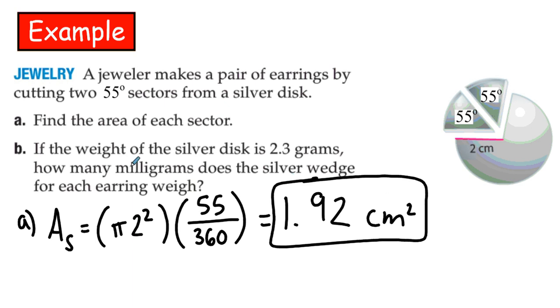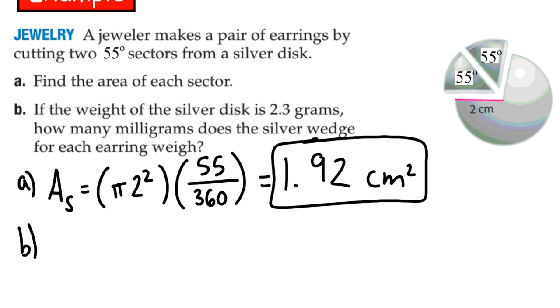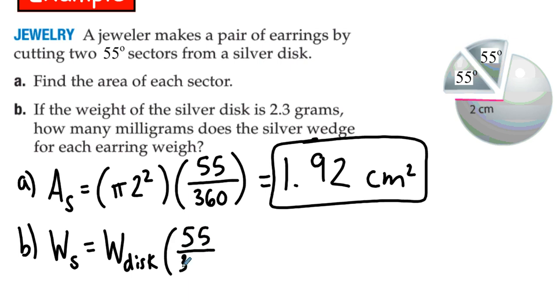Now they're talking about weight, because this is a three-dimensional object. If the weight of the silver disc, the entire thing, is 2.3 grams, how many milligrams does the silver wedge for each earring weigh? Well, let's first find how many grams each of the earrings weighs. So the weight of the sector will equal the weight of the entire disc times the proportion that each of the sectors is, 55 out of 360.